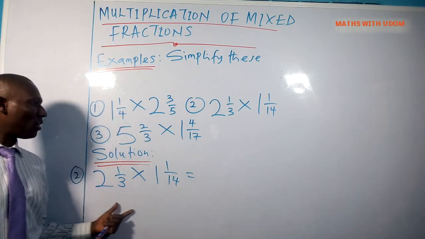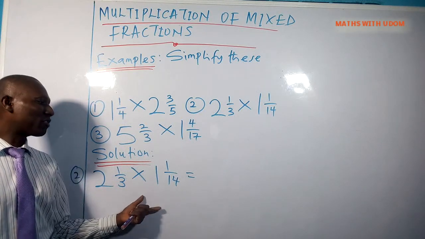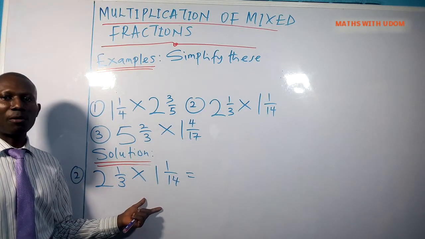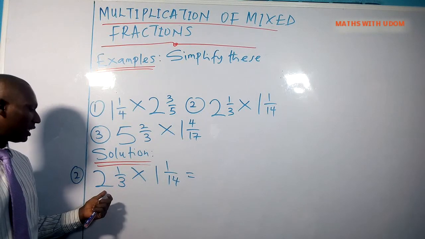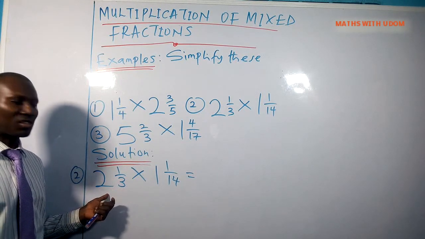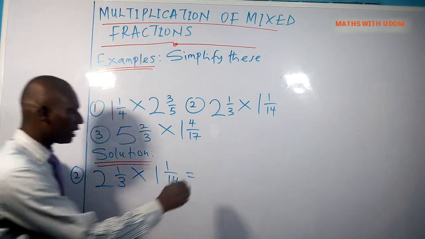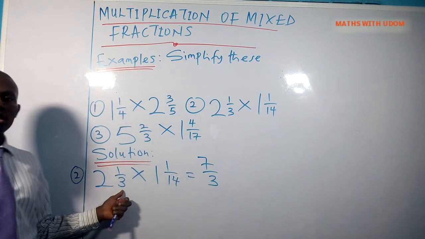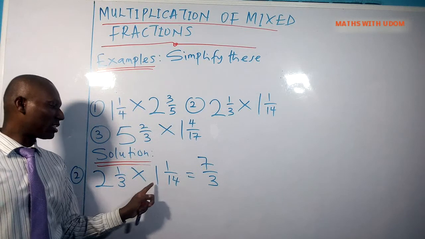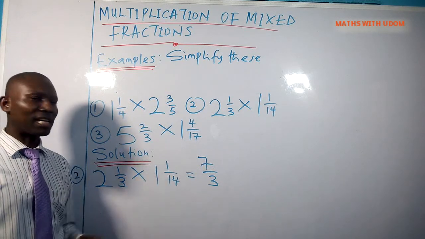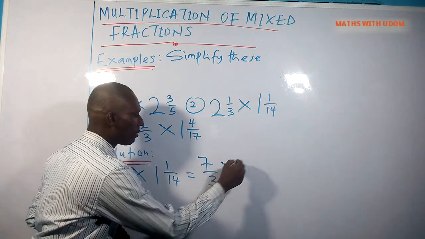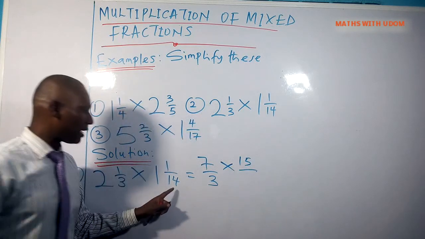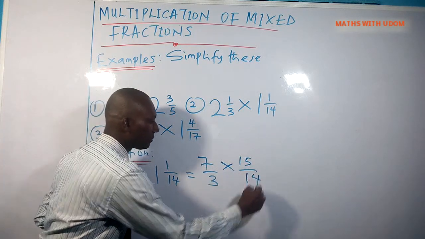We change the mixed fractions into improper fractions. So 3 times 2 will give us 6 plus 1, we have 7 over 3. Then we have 14 times 1 is 14 plus 1, that is 15. So multiplied by 15 divided by our denominator here, which is 14.